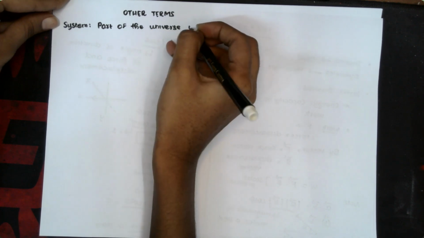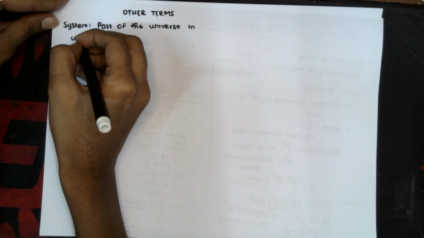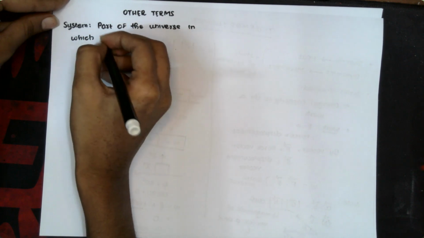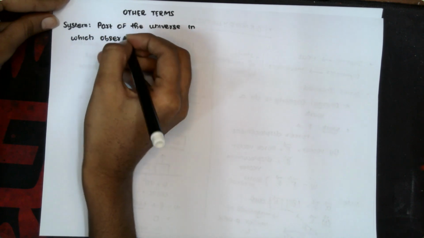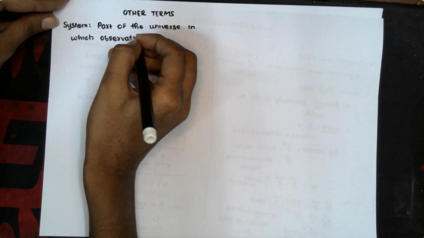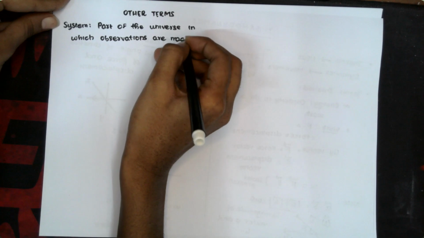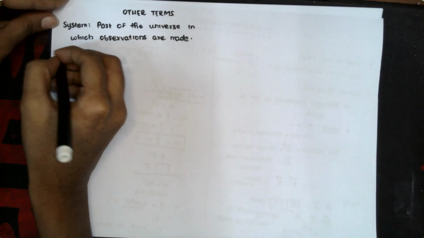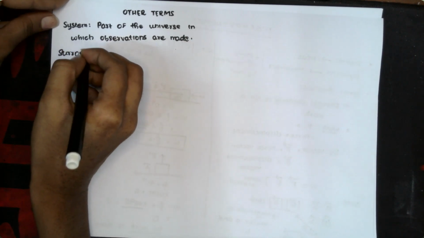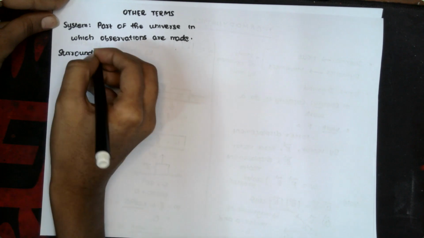So system is the portion of the universe under investigation or under observation, right? Okay. Now, surrounding. It is the remaining space. So when we say surrounding, it includes everything other than the system.